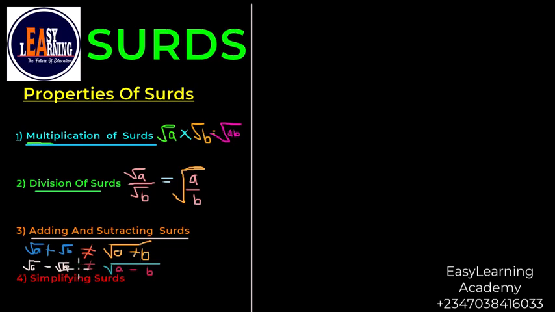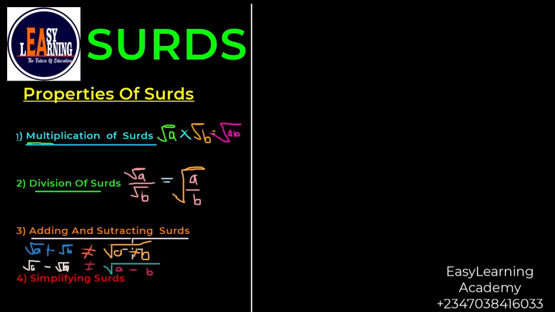When they are different, you cannot add them together. Let's understand that. For multiplication and division, you can go ahead and multiply or divide them, but in addition and subtraction, no.